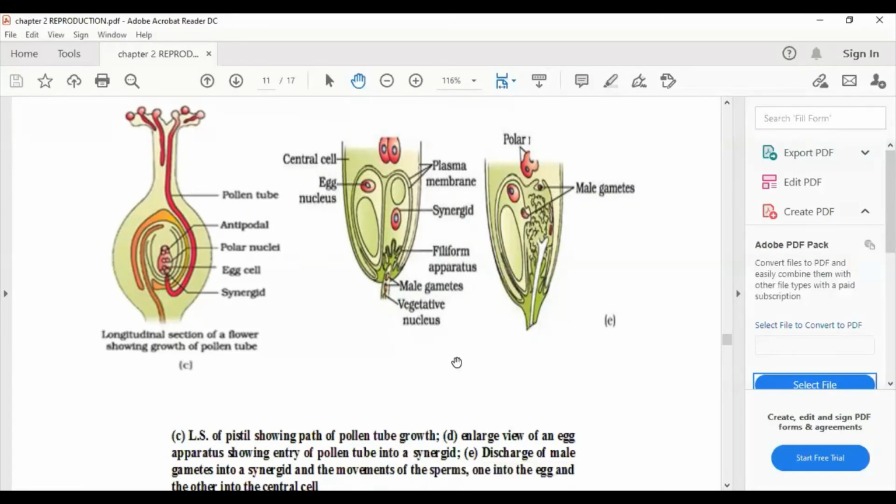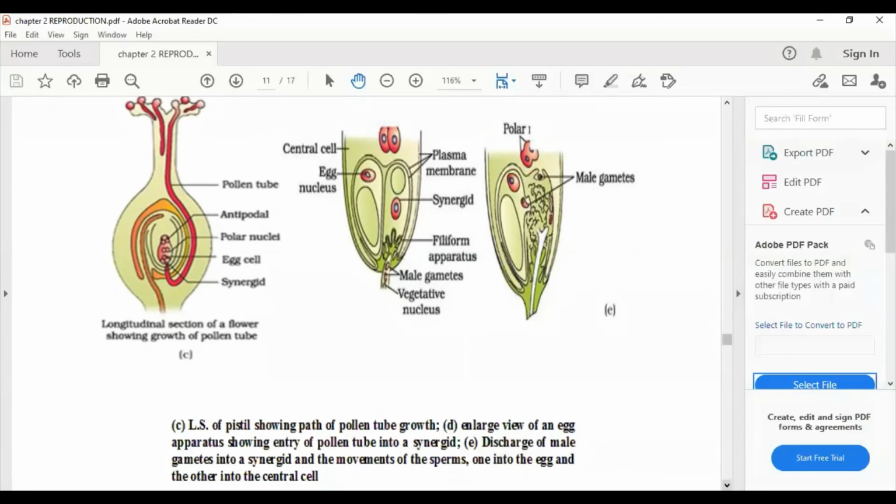And the D1 is an enlarged view of an egg apparatus showing entry of pollen tube into a synergid. Then E part is discharge of male gametes into a synergid and the movement of sperm, that is one into the egg and the other into the central cell. So this is also showing the double fertilization.